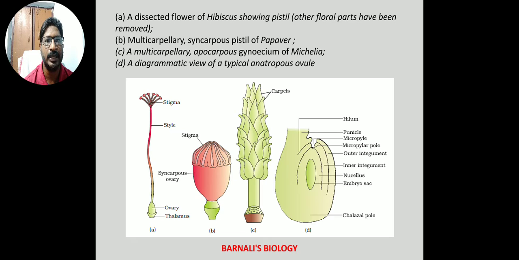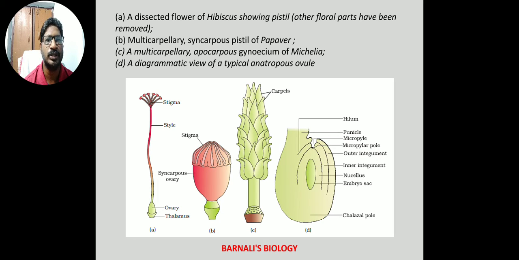In figure B, we can see multicarpellary. It means more than one carpel is present. Syncarpous pistil of papaver. It means all the pistils are fused together. In figure C, you can see again a multicarpellary, more than one carpel present, apocarpous gynoecium of Michelia. It means the pistils or carpels are not fused together, they are free.